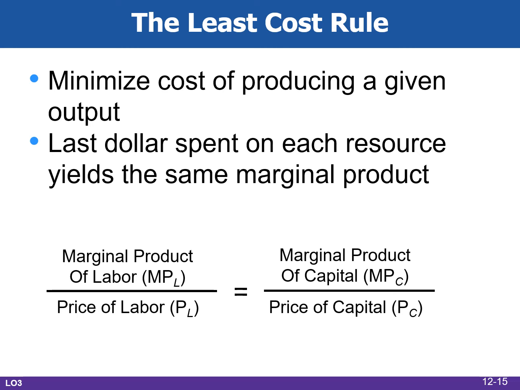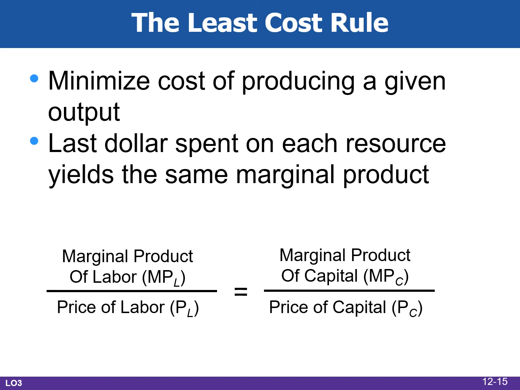The firm will say, okay, if we're trying to figure out what combination of land, capital, and labor will minimize cost of production for a given level of output, say the firm wants to produce 50 units of output, they're going to follow the least cost rule, which says that the last dollar spent on each resource yields the same marginal product. All right, so let's think about what that means. The last dollar spent on each resource yields the same marginal product.